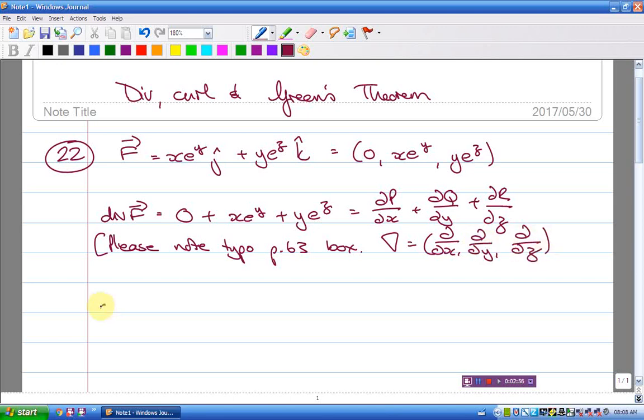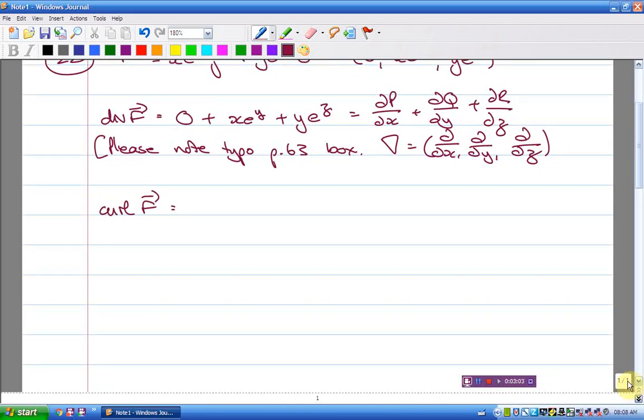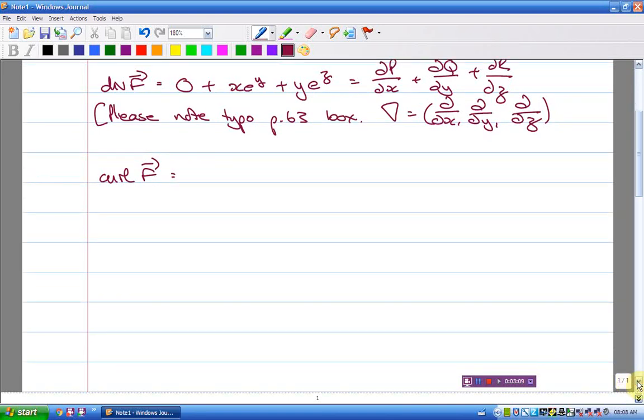I'm sorry about that. Okay, curl F. Curl F's not too bad. It requires slightly more work than div because it's modeled as a cross product. So let me do that. 0, x e^y, y e^z, and I've told you it's my habit to write the bottom line first because sometimes those component functions can be quite big and chunky, and then I want to make sure I've got them properly spaced. d by dx, d by dy, d by dz.